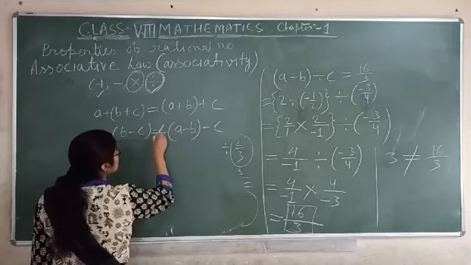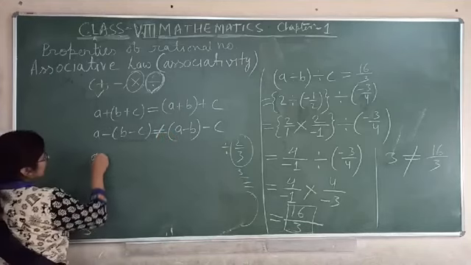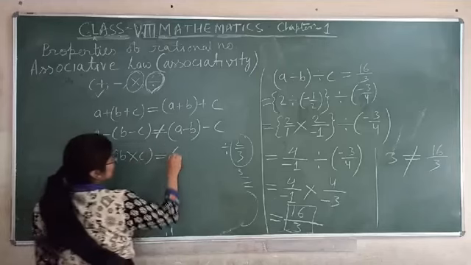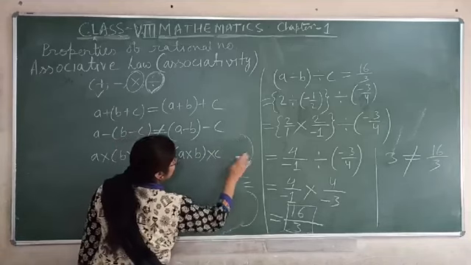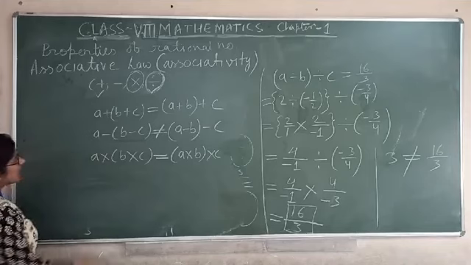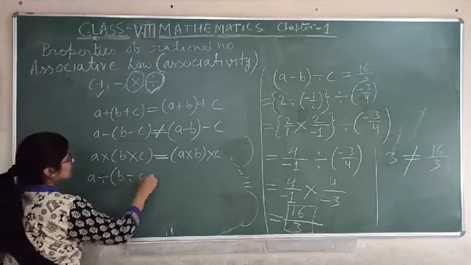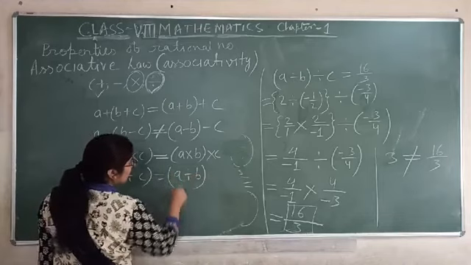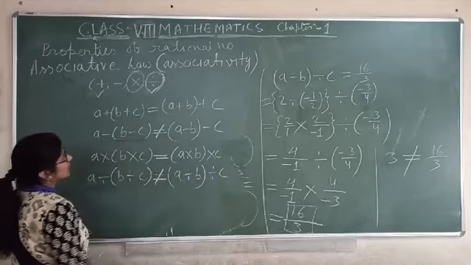This one is not applicable, so a not equal sign here. Next one, a into within bracket b into c equals a into b within bracket into c. Okay, this one is applicable, so an equal sign here. And the last one, division: a divided by b divided by c within bracket, and a divided by b within bracket divided by c. This one is not coming equal.